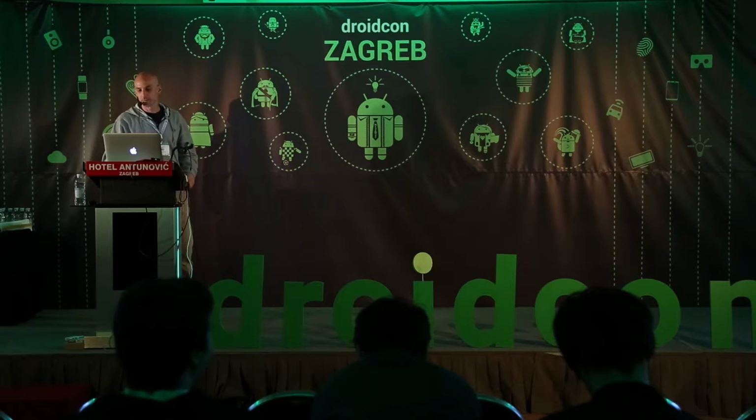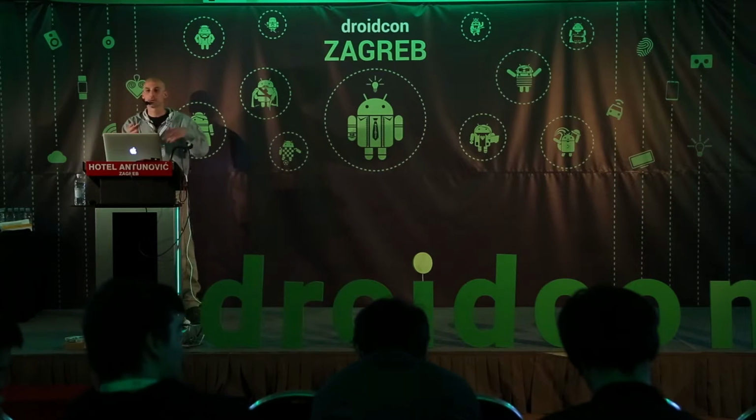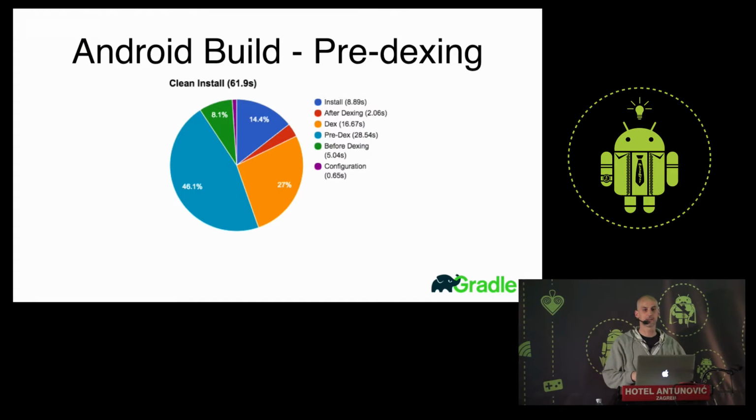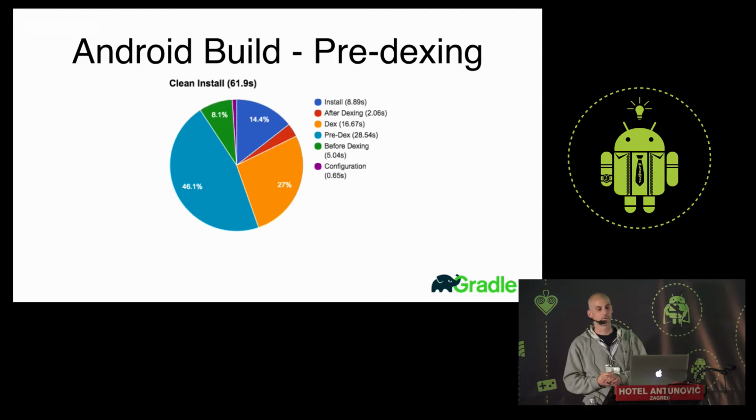So these are evolutionary improvements, and they just come with every Gradle build, and everybody benefits in the native world, in the Java world, and in the Android world. So let's take a look at very specific Android builds. We have a sample application trying to mimic something real. Of course, there's a whole bandwidth from small to big, but just to give you some percentages here.